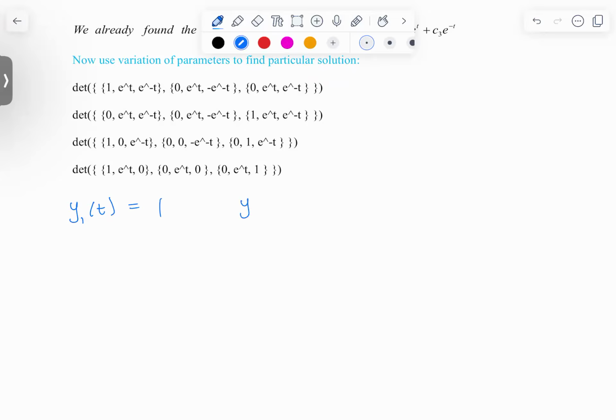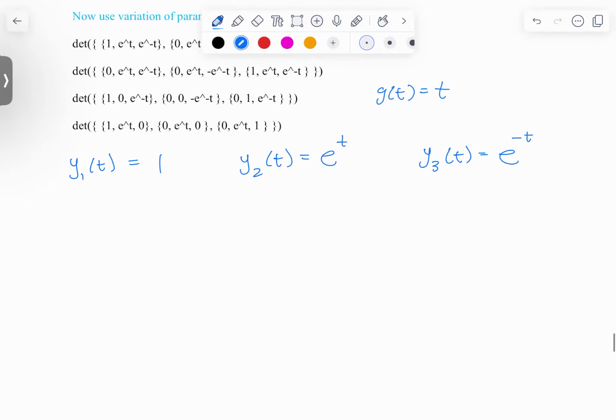I'm calling my functions y1, y2, y3, and again, which one you call 1, 2, and 3 doesn't matter. So we make the overall Wronskian. That's our functions, and then their derivatives.